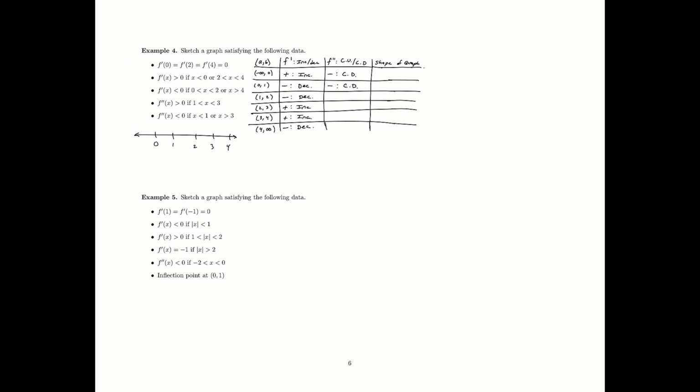Then for 1 to 2, this will allow us to do 1, 2, and 3, so we're going to have a positive second derivative, so concave up, concave up. So when x is greater than 3, which also includes when x is greater than 4, we're going to have a negative second derivative. So we'll have negative, negative, which will tell us concave down.